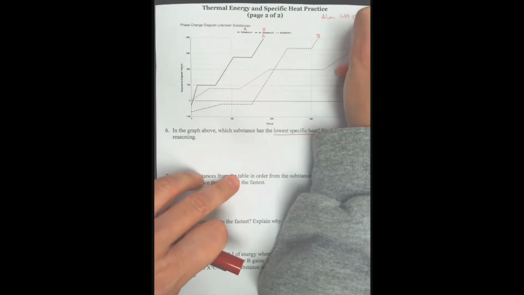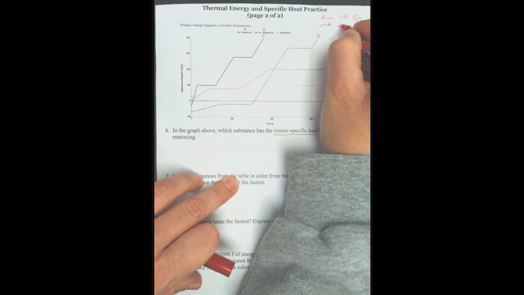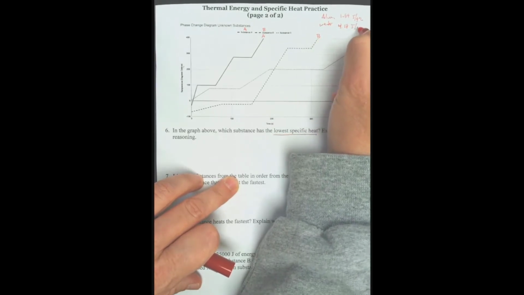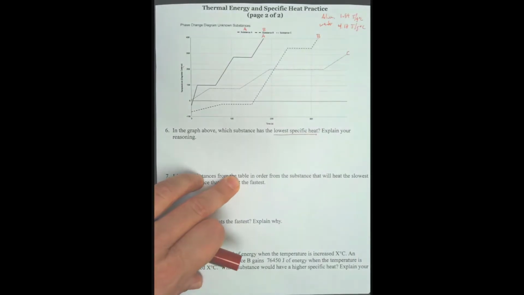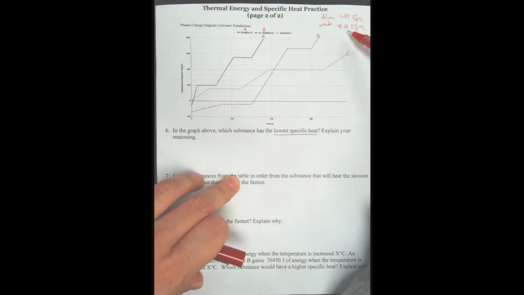So water has a high specific heat. Aluminum has a specific heat of about 1.89 joules per gram degree Celsius. Water, on the other hand, has a specific heat of 4.18 joules per gram degree Celsius. Just by looking at the numbers, I can see that water has a higher specific heat.